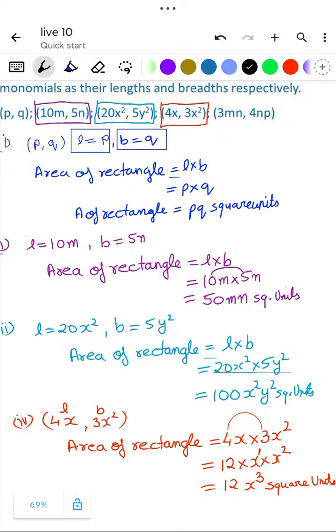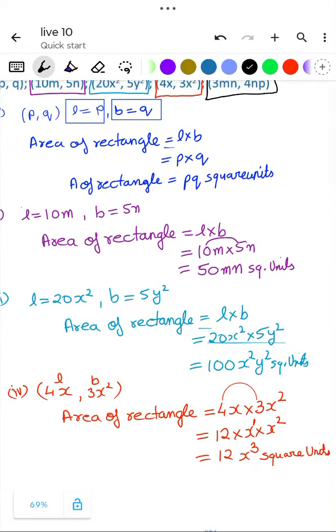Now the fifth is 3mn and 4np. L is 3mn and breadth is 4np.